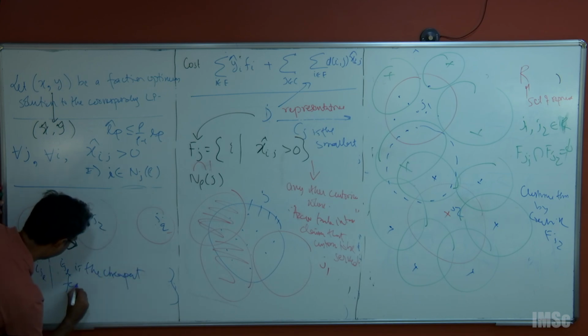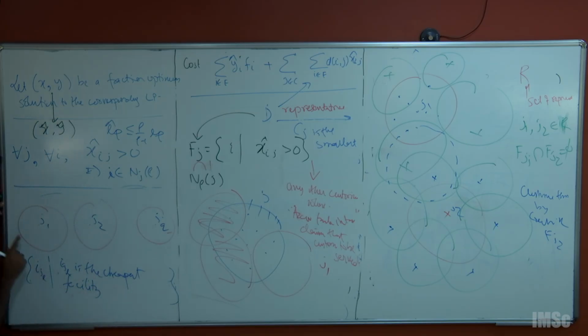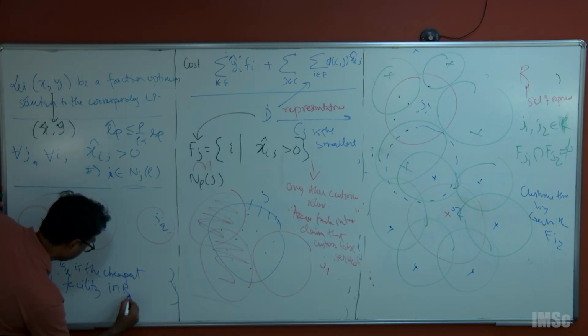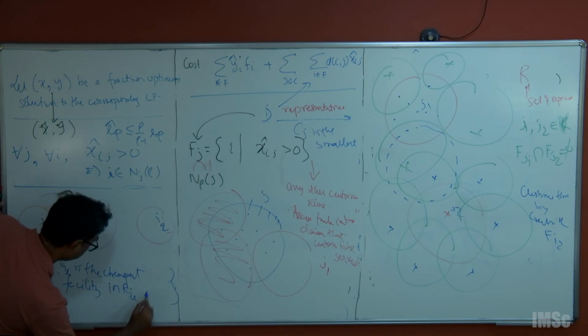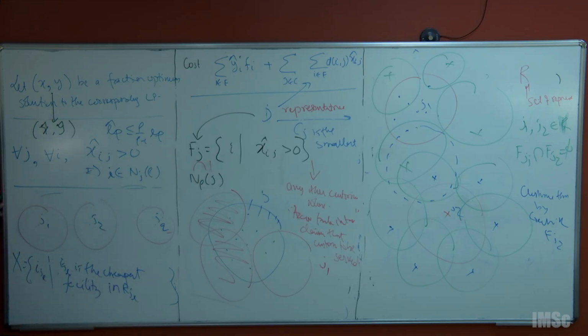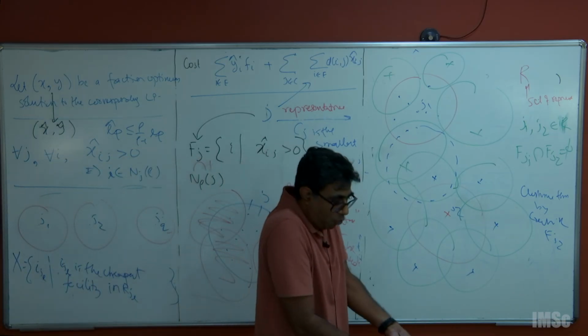Let's see if I can manage to prove this. The cheapest facility in terms of opening cost. And why does it make sense? Think about it. All these guys are equally good for me. So if they are equally good for me, then let me choose the one whose opening cost is the smallest.